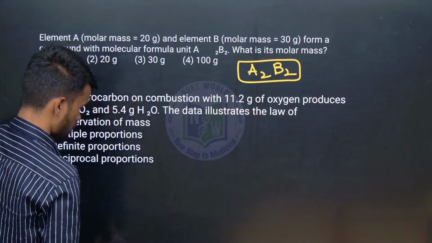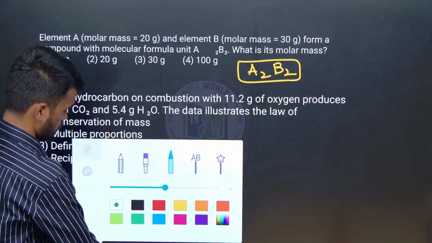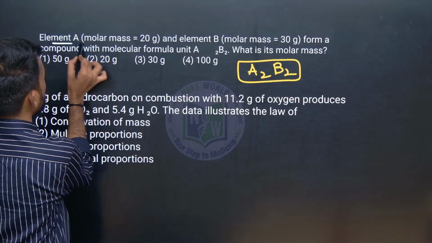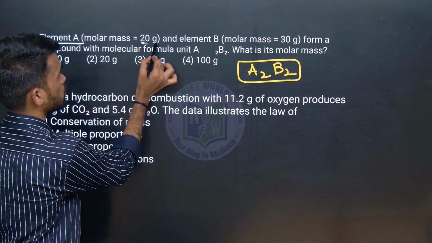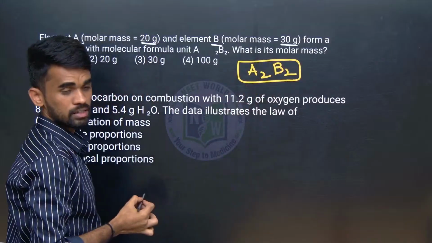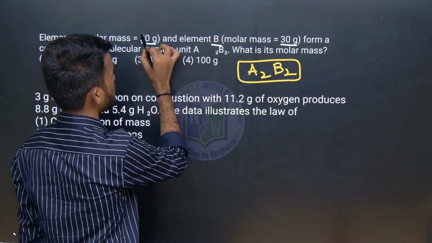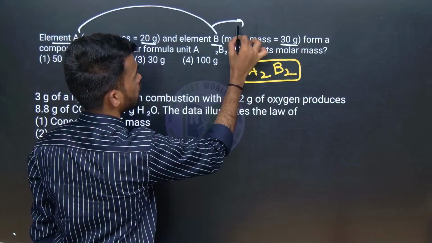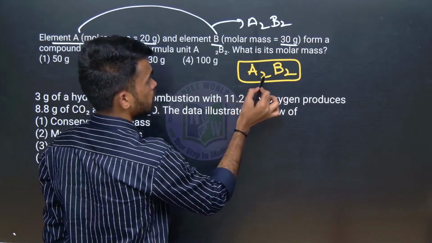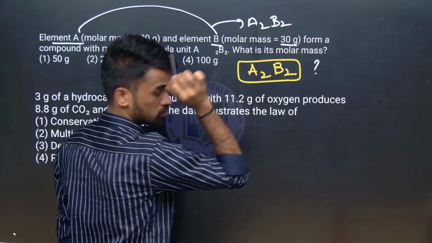Should I tell or will you try? See, element A, its molar mass is how much? And B is having 30. They are combining to form a molecule of A2B2, right? Now what is its molar mass?